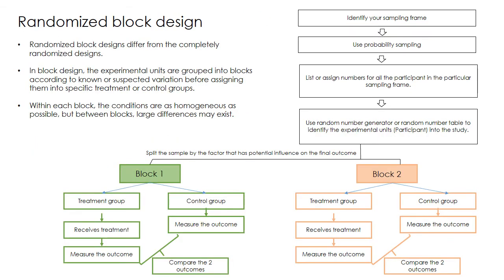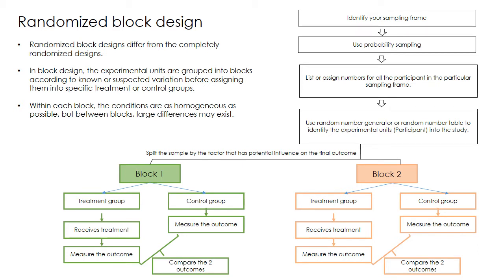Okay, so now we are going to talk about the second type of experimental design, called randomized block design. This is different from completely randomized design, and it is a little bit more complex.